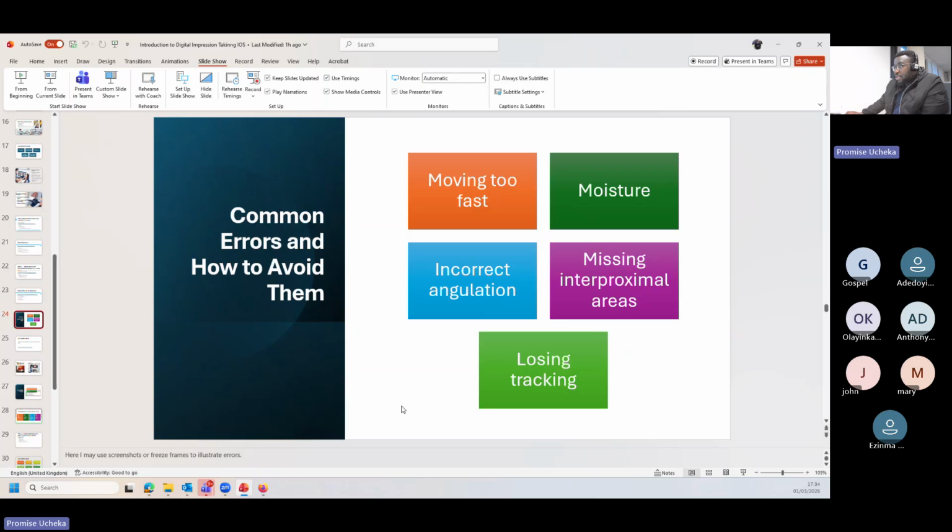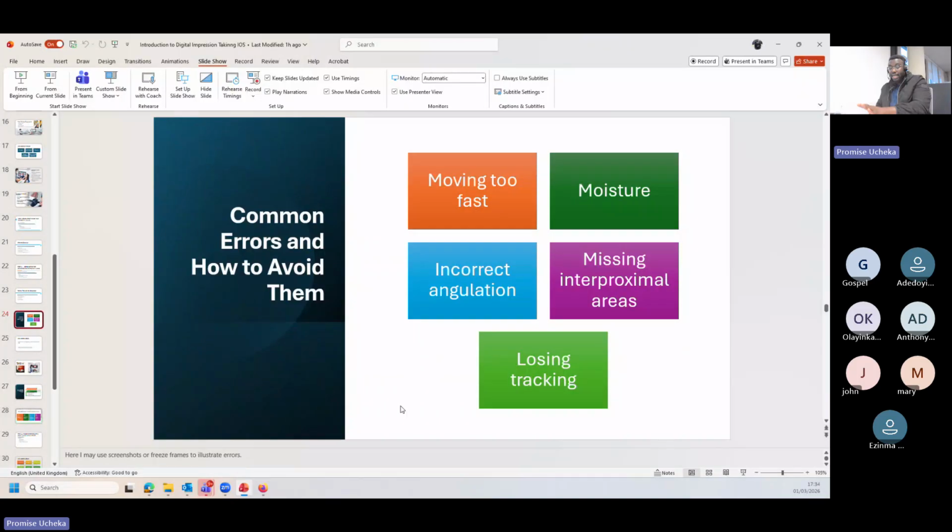So what are some common errors and how to avoid them? Some of the common errors that you might find when you're doing intraoral scanning include moving too fast. When you're moving too fast, you will have a lot of missed anatomy.